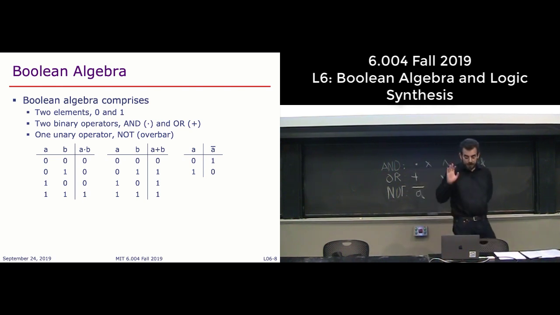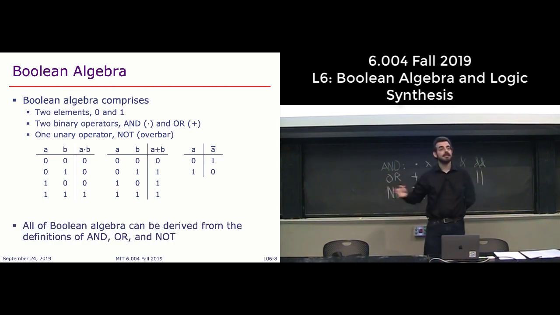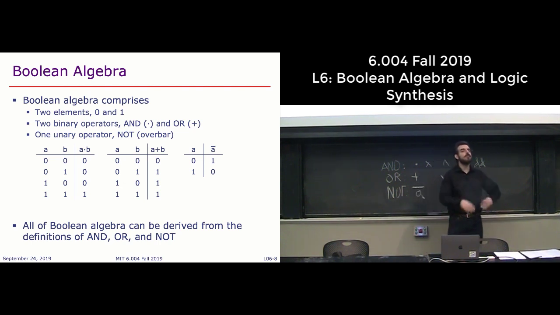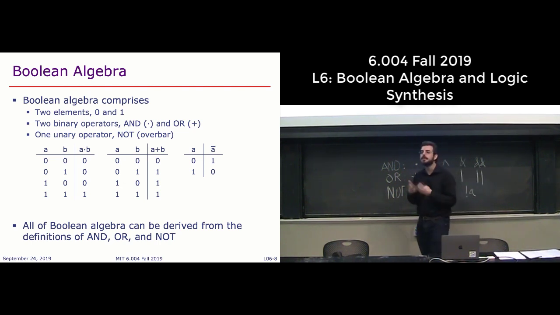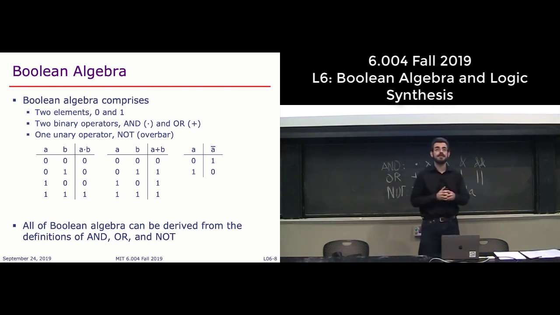And if you just specify and define these operators, all the properties that we're going to see basically fall out of this definition. So we're going to see a bunch of different formulas and a bunch of different ways of simplifying and manipulating Boolean expressions. All of them can be derived from these three operators.